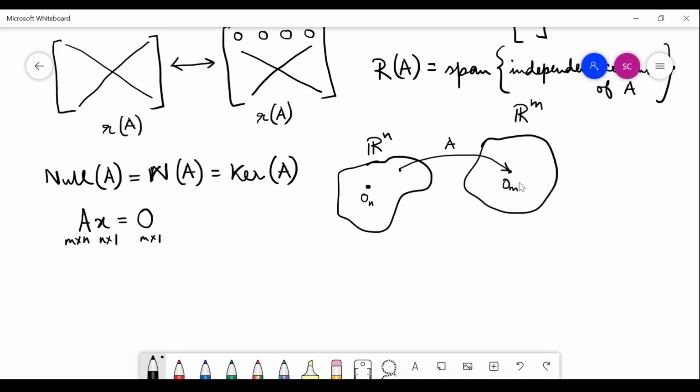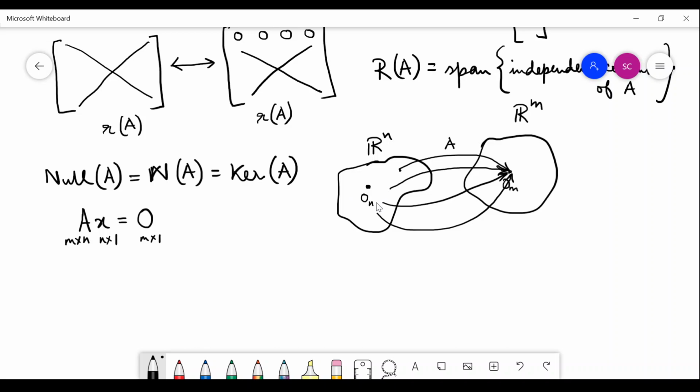So I am trying to find out all those vectors x which are going to this 0 vector. The set of all those vectors is going to form my null space.